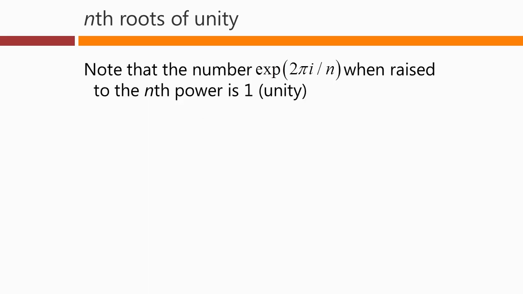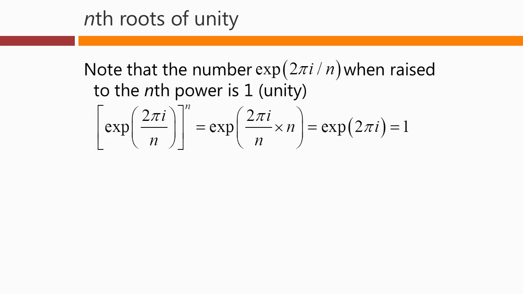We get 1. So explicitly, here's exponential of 2 pi I over n raised to the nth power. We merely multiply the exponents. The n's cancel here, leaving us with exponential of 2 pi I, which is 1.